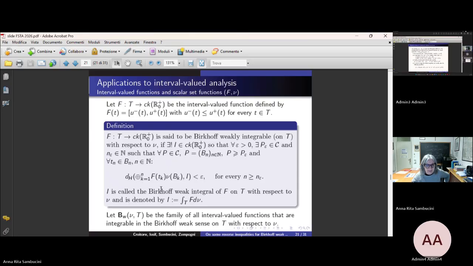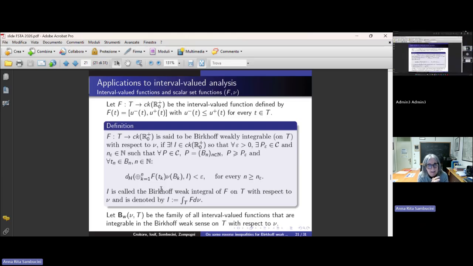Interval valued functions are defined through their endpoints functions u minus and u plus, and the Birkhoff integrability of an interval valued function is defined in an analogous way as in the scalar to scalar case.